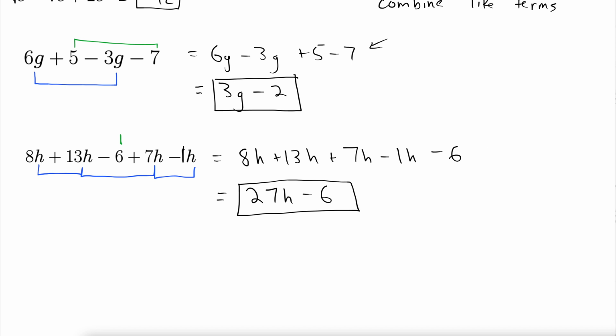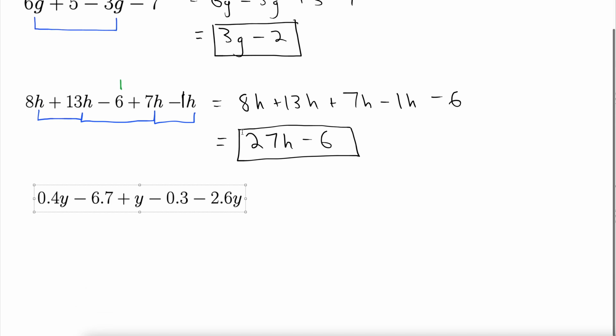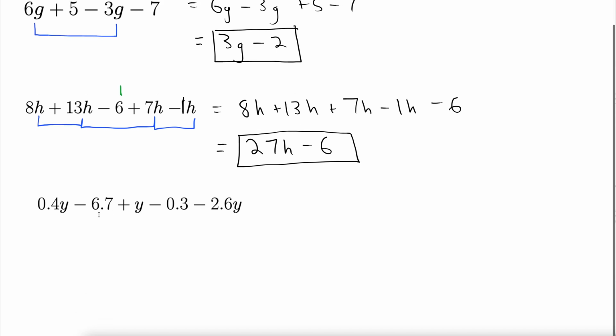Okay. Let's try one with some decimals. Every once in a while you'll get decimals in this situation. Nothing to worry about. Let's see what happens here. So here's some decimals. We have 0.4y minus 6.7 plus y minus 0.3 minus 2.6y.